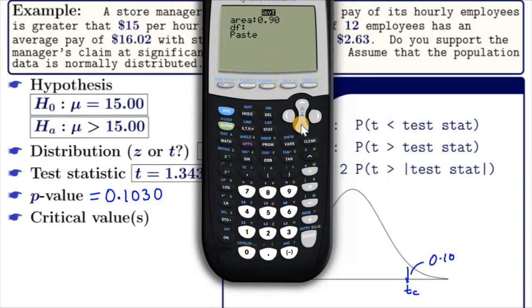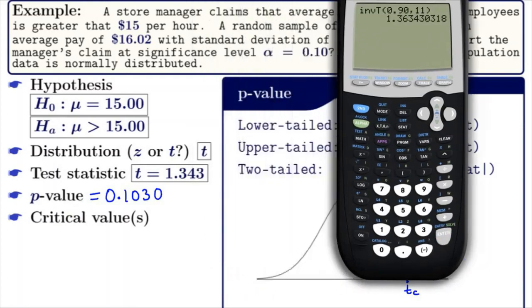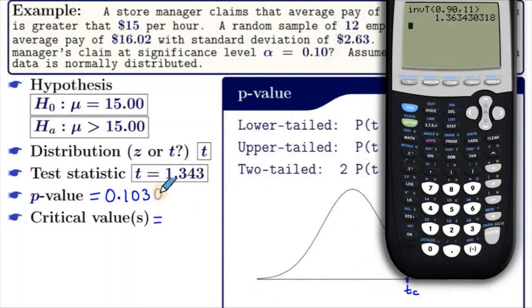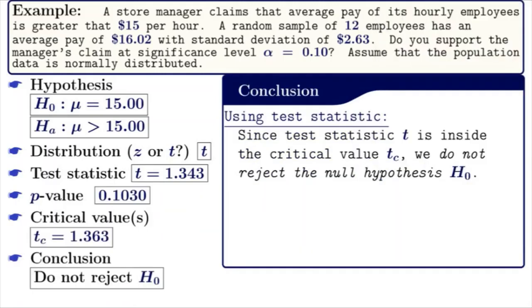Then degrees of freedom is n minus 1. Our n here is 12, so 12 minus 1 is 11. Then hit enter and enter. This is our critical value. Let me write that down here, equals 1.363.